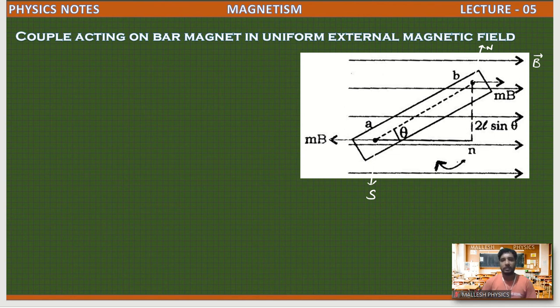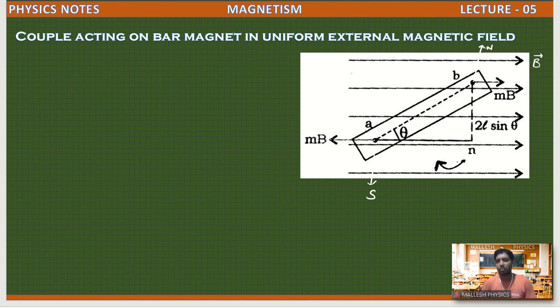Now if you see the force, as it is a uniform magnetic field, this field exerts the same force on these two poles. At point A, the force exerted by this field is m into B in this direction, an attractive force, and at point B on the north pole, this field exerts a force mB in the rightward direction, which is a repulsive force.